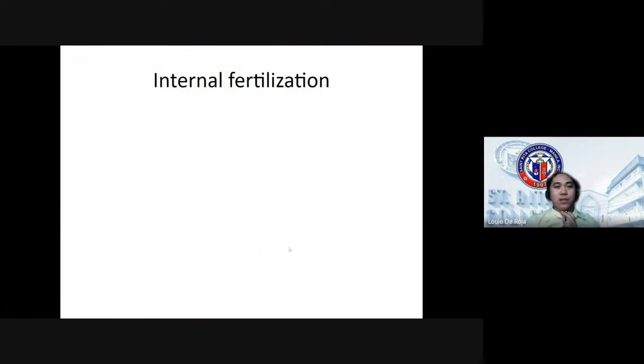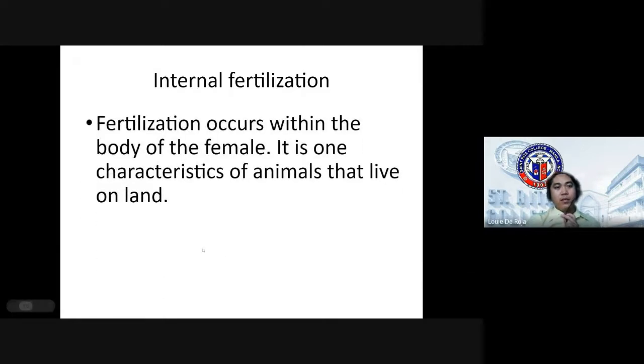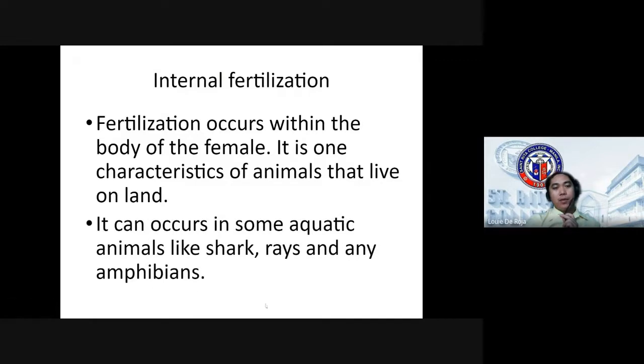Next is internal fertilization. Okay, fertilization occurs within the body of the female. It is one characteristic of animals that live on land. Okay, it can occur in some aquatic animals like shark, rays, and some amphibians. Hindi naman lahat ng aquatic animals ay external fertilization na ginagamit. Most of them.